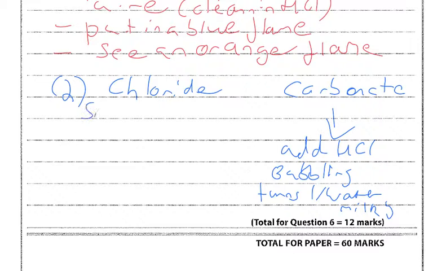Chloride, we go silver nitrate and nitric acid, and we'd expect a white precipitate if it's a chloride.